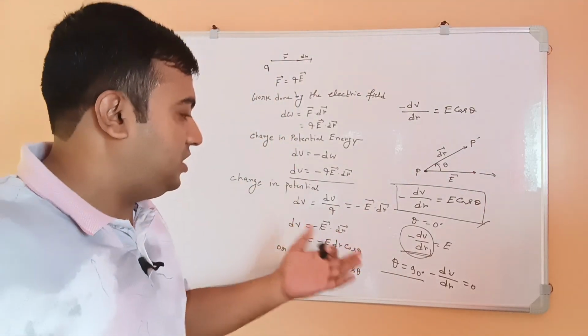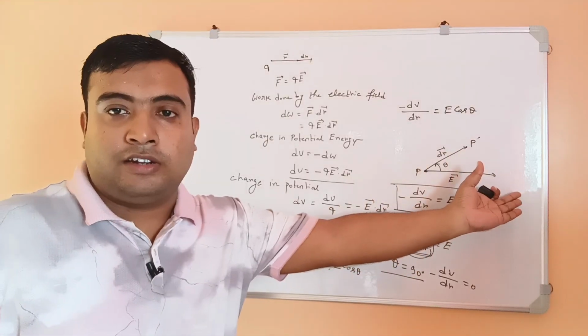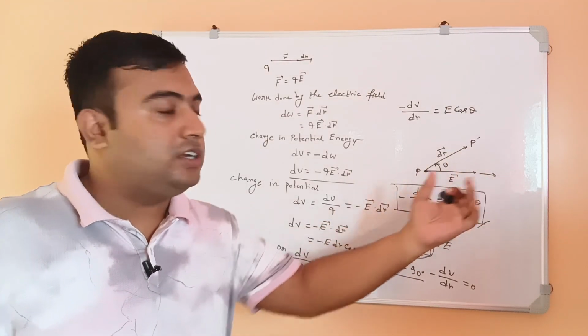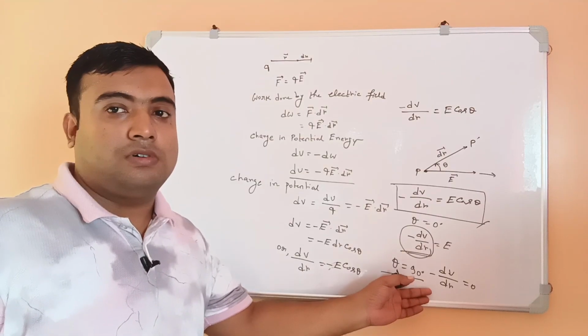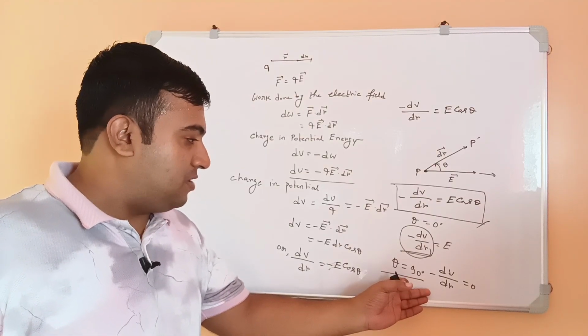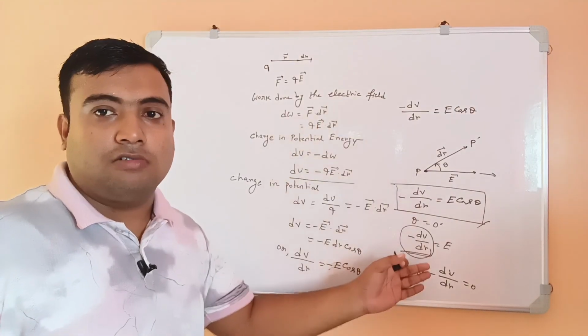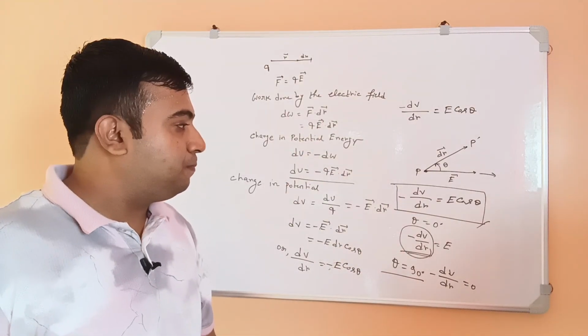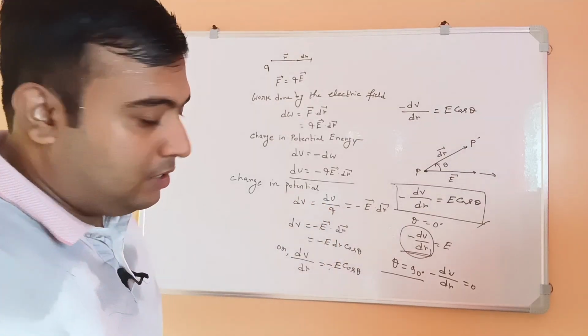So the change in potential is maximum along the direction of the electric field, and the change of potential is minimum, that is 0, perpendicular to the electric field. So this is the relation between electric field and electric potential.